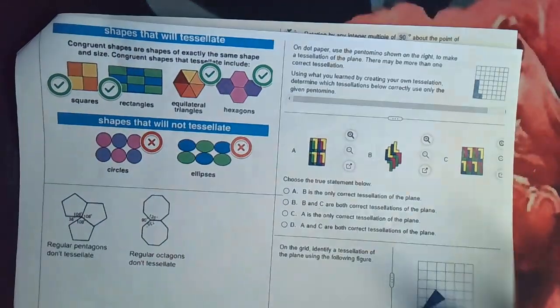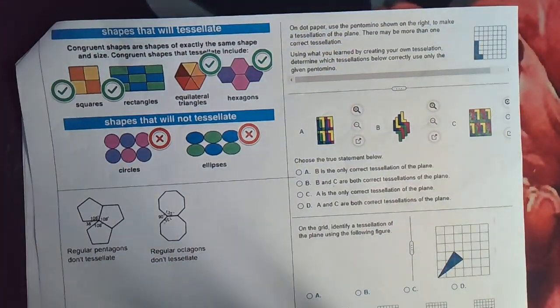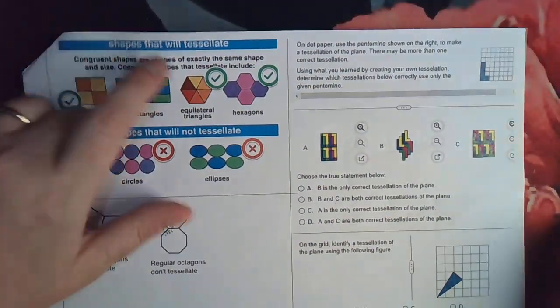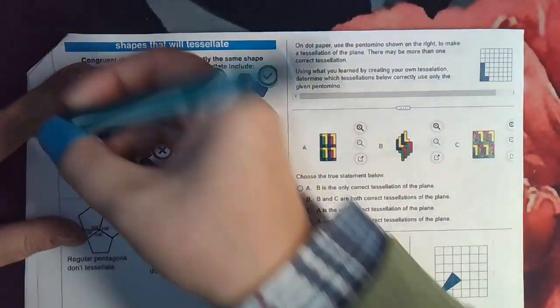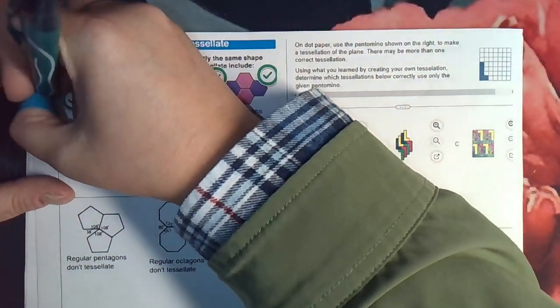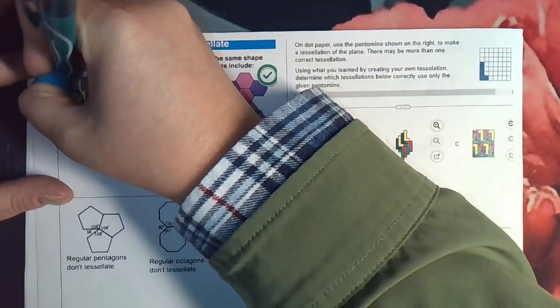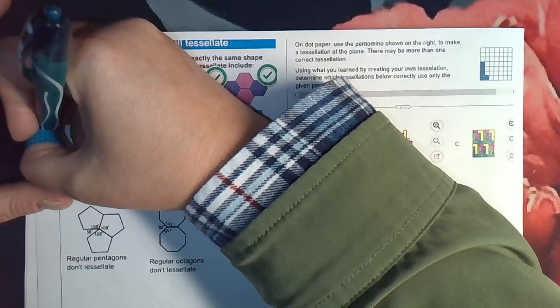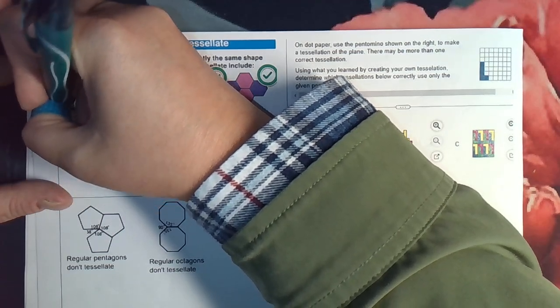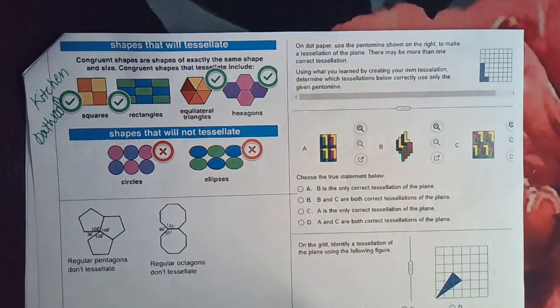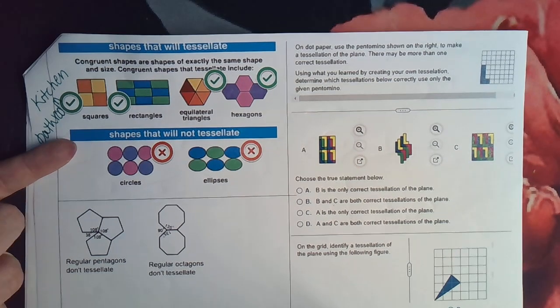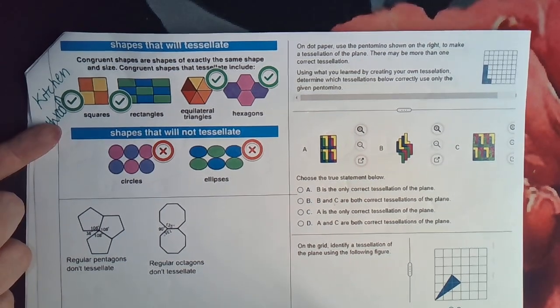Okay, let's keep going. The next thing that we're going to cover is tessellations. Tessellation is what you see like in your kitchen or your bathroom. You probably have a tessellation on your kitchen floor or your bathroom.